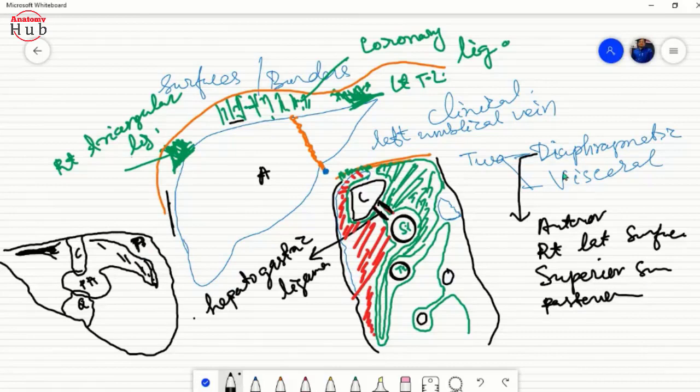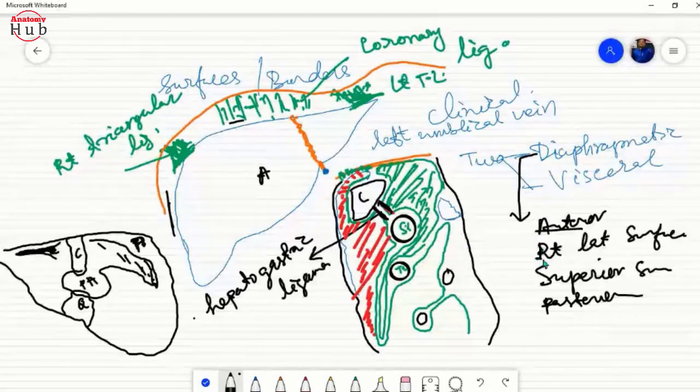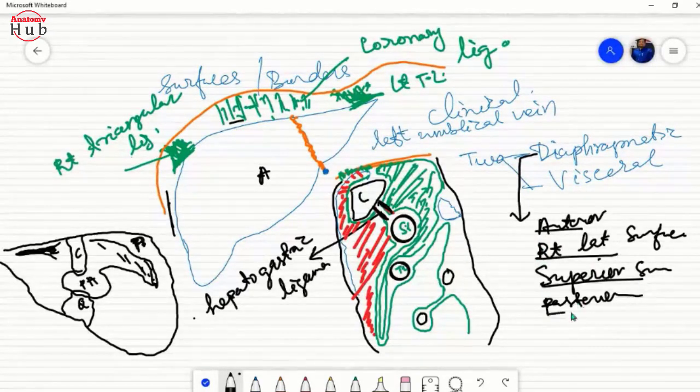That means the diaphragmatic surface is related to the diaphragm. So it has four divisions: anterior surface, right lateral surface, superior surface, and posterior surface, right?